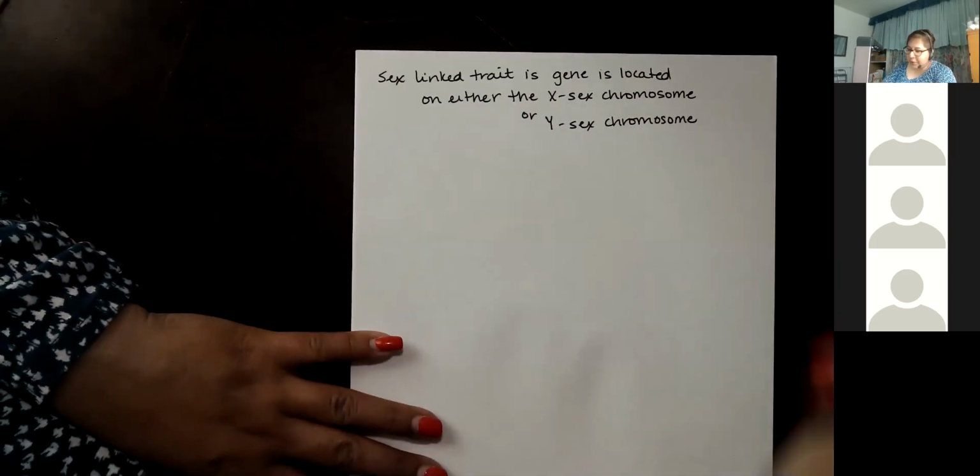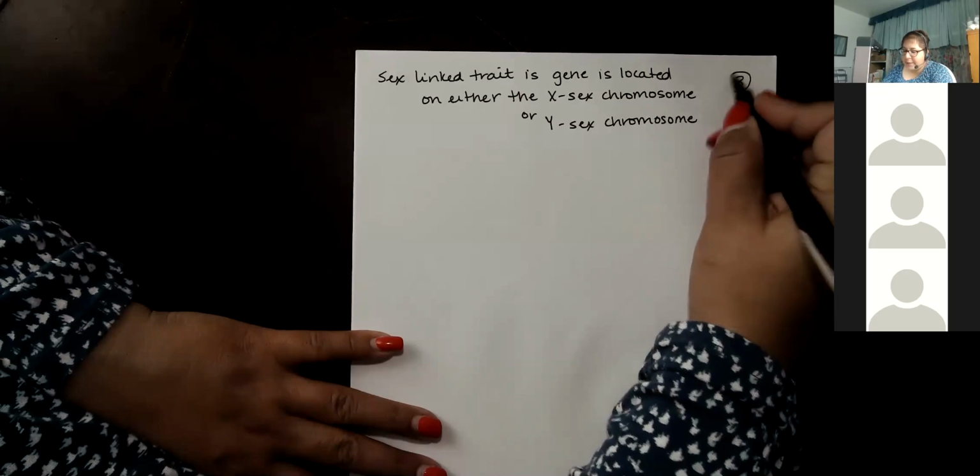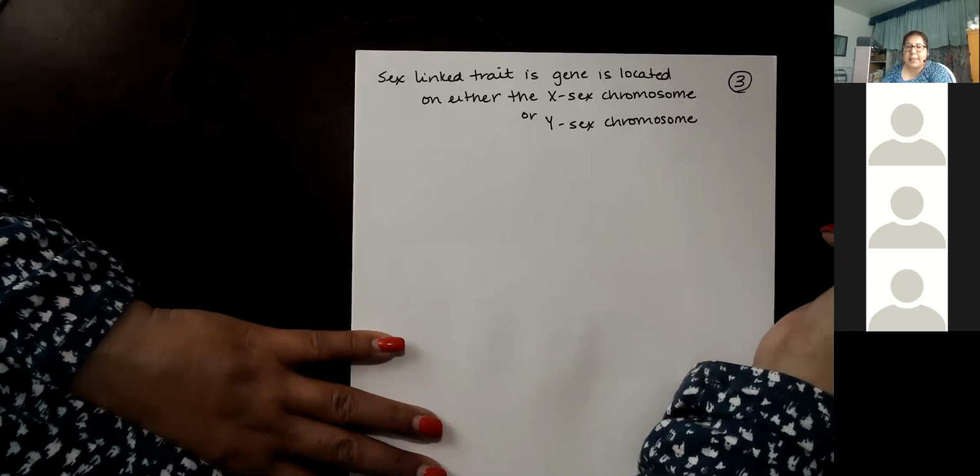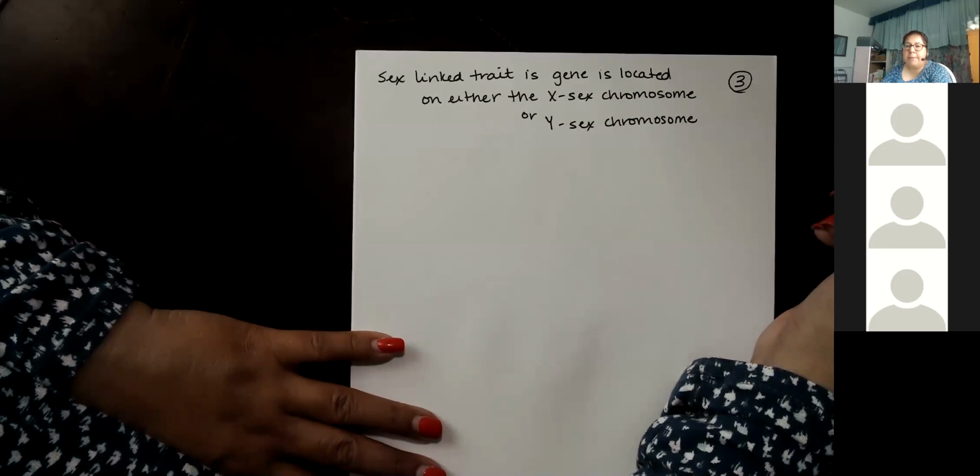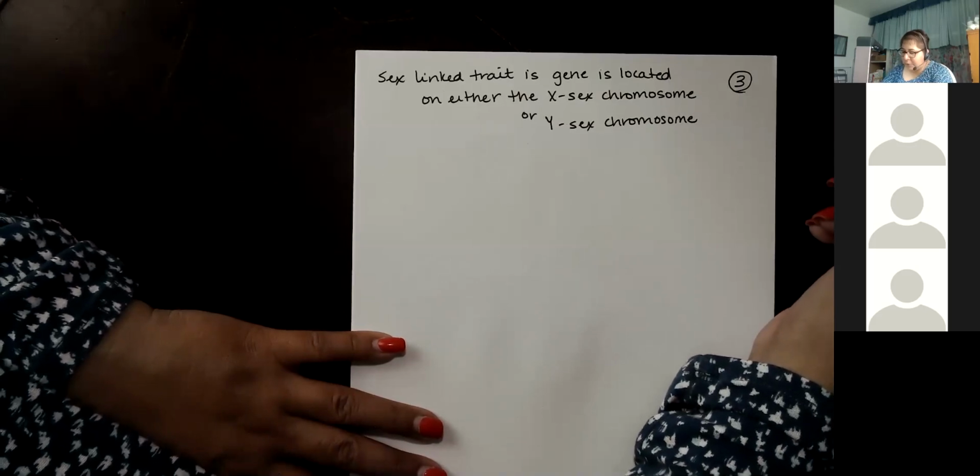All other traits are considered autosomal unless they are sex-linked. If they're sex-linked, then they're going to appear on one of the sex chromosomes.